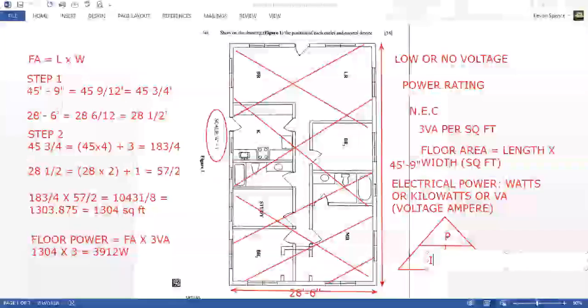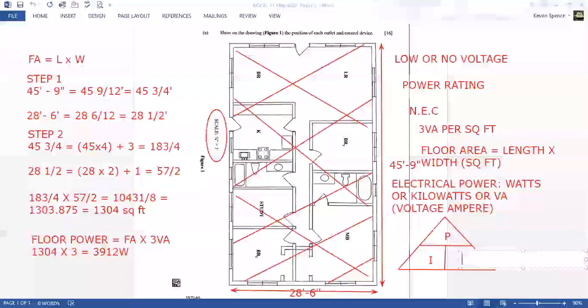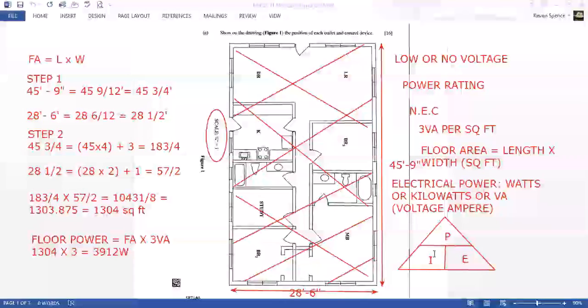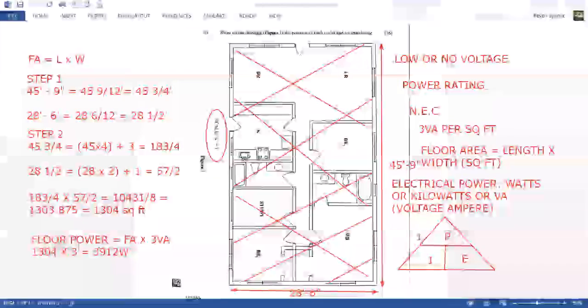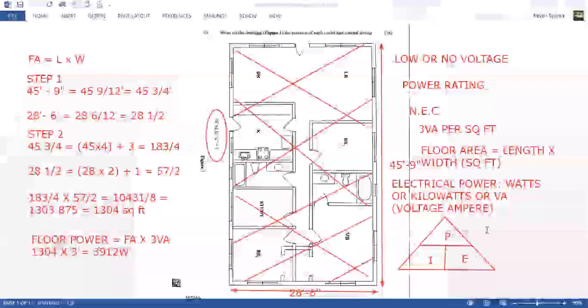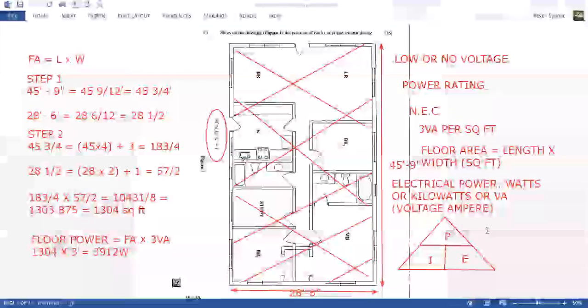We'll have I on one side of the bottom, and E on the next side. Power, I for current, E for voltage. So power is equal to I times E. That's where we get volt-amperes from. All right, so that should be clear.